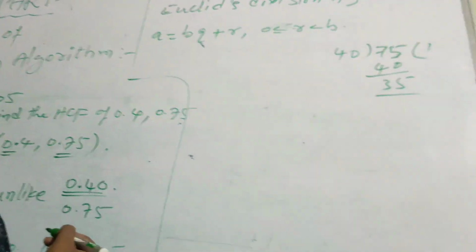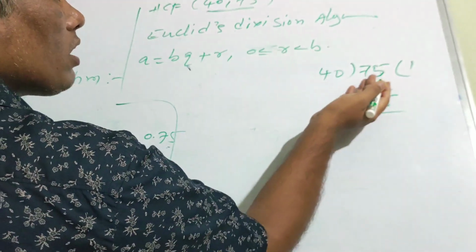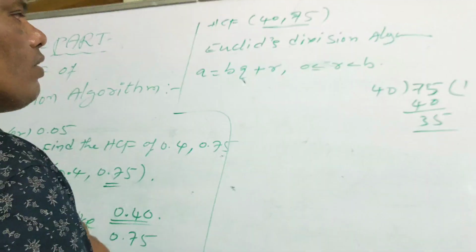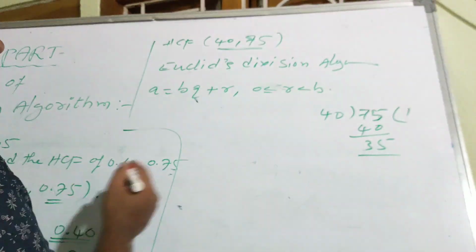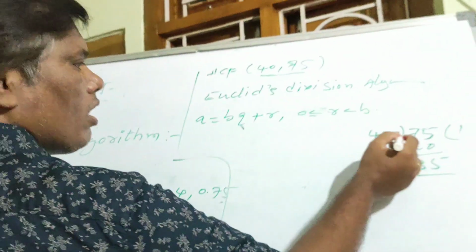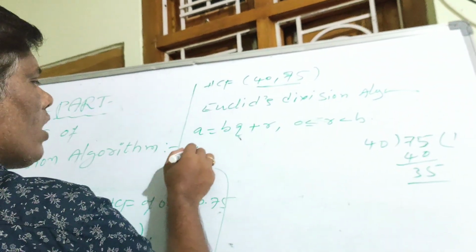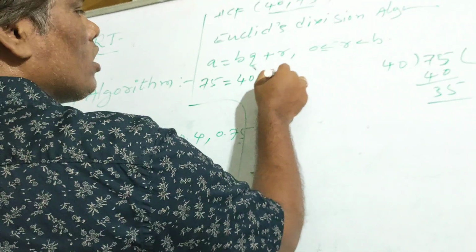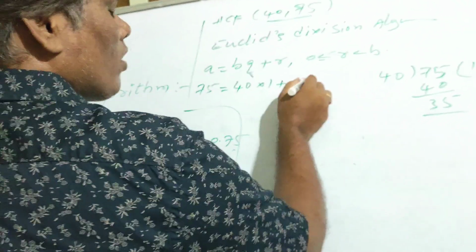Here the remainder is not 0. First of all, let us express this division in the form of the statement of division lemma. That is, dividend 75 is equal to divisor 40 into quotient 1 plus remainder 35.